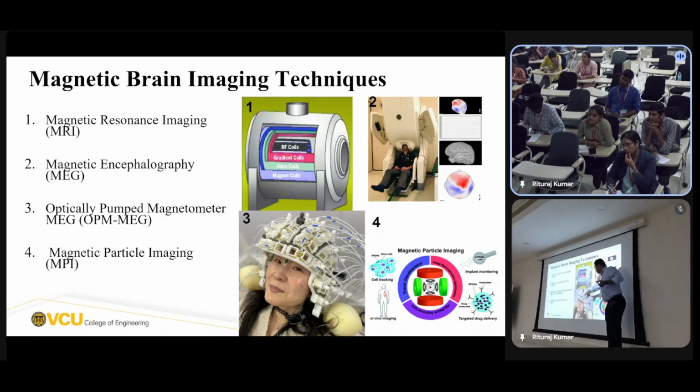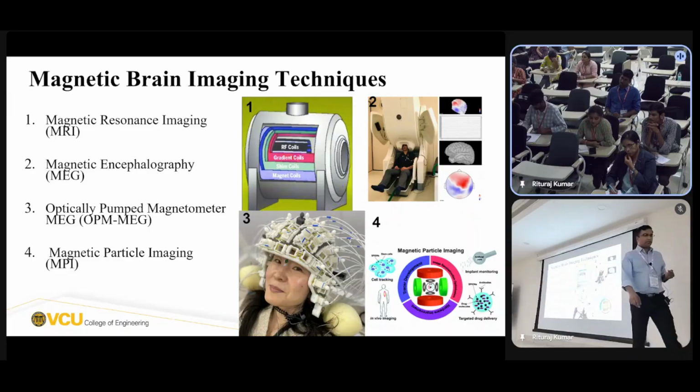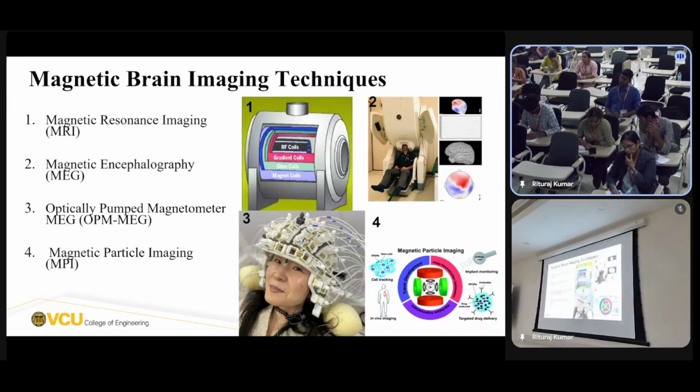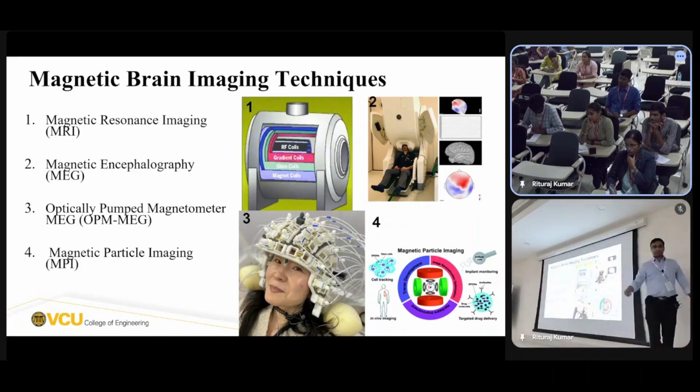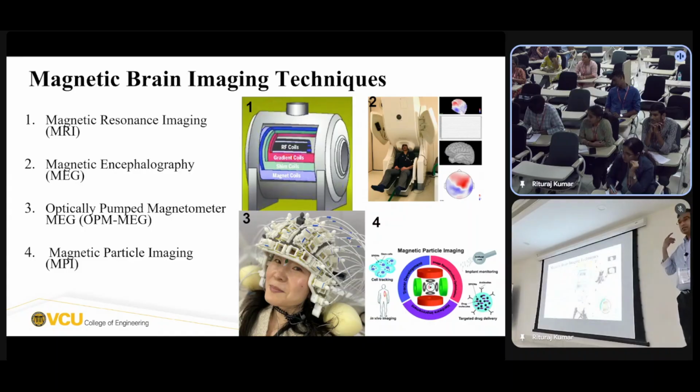This is optical fiber. So these are brain imaging techniques. This is magnetic particle imaging. You have to inject some magnetic nanoparticles into somebody's bloodstream, they go into the brain, and then you can image that person.